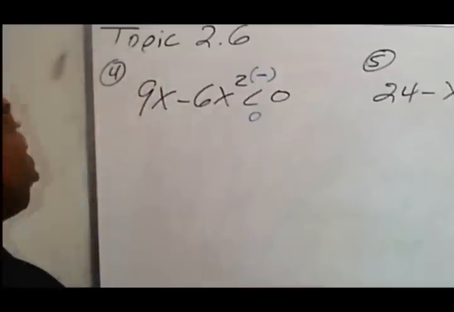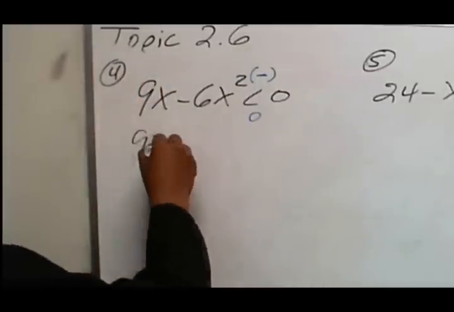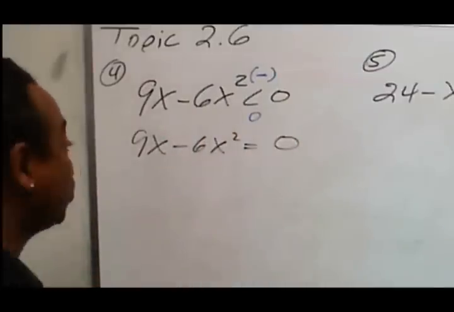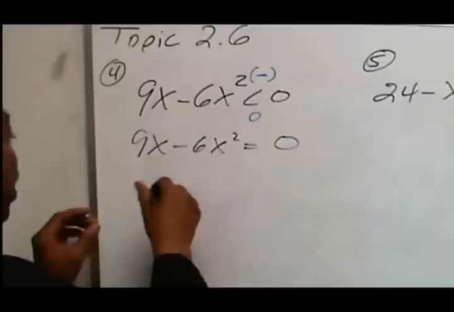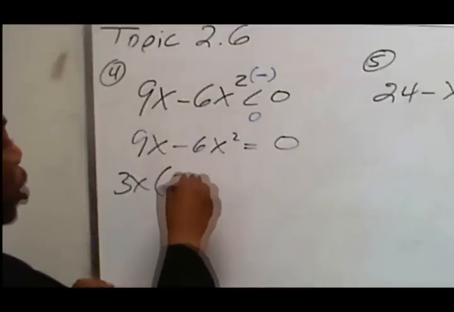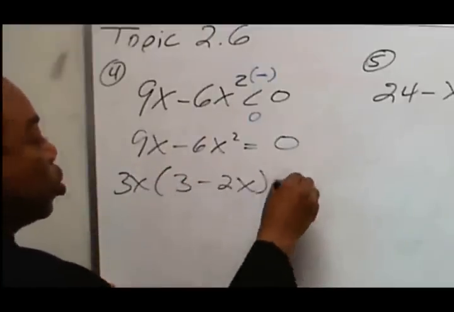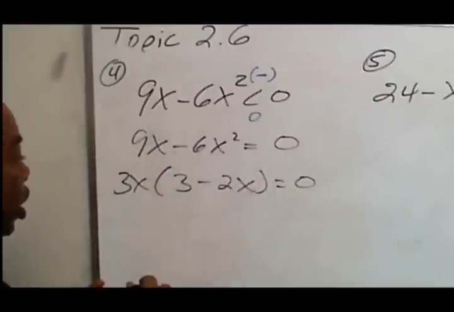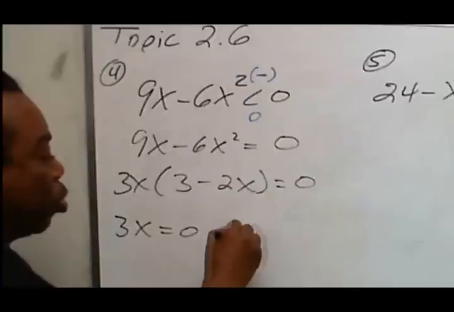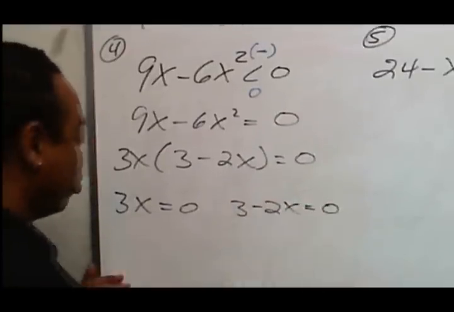So let's begin. I'm going to replace this temporarily with an equal sign so I can solve it to find my points. And I can factor out a 3x as the greatest common factor here, leaving behind a 3 minus 2x equals 0. And here I'll take 3x to equal 0. Here I'll take 3 minus 2x to equal 0.